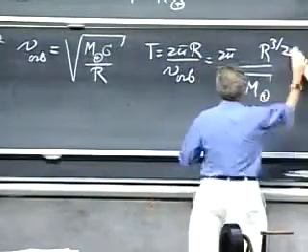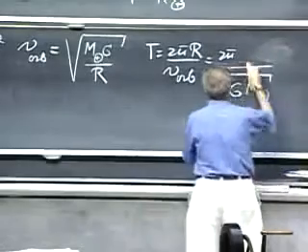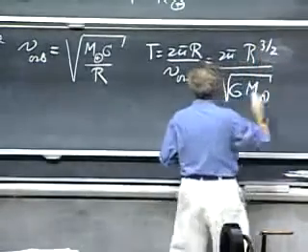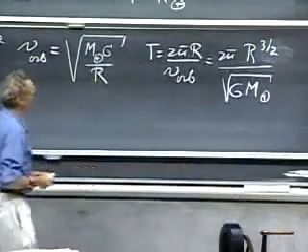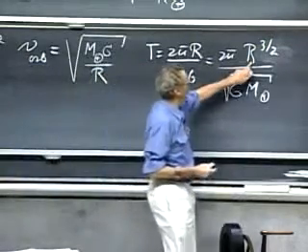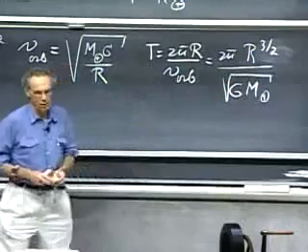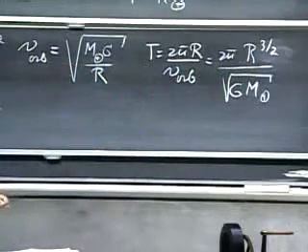So T equals 2 pi r to the power 3/2 divided by the square root of G m Earth. So again, if you know the radius, if you know how far you are away from the Earth, the period follows uniquely. If you know the period, then the distance to the satellite follows uniquely.